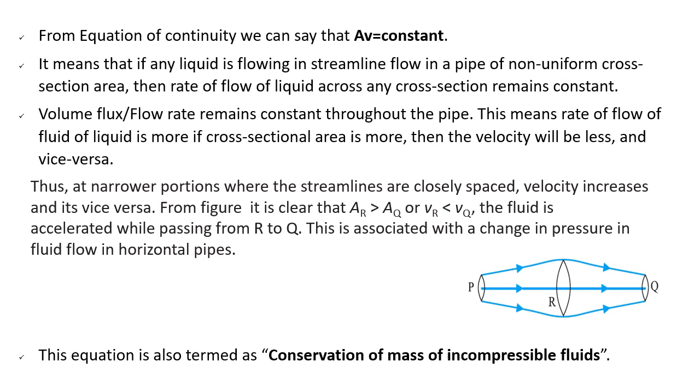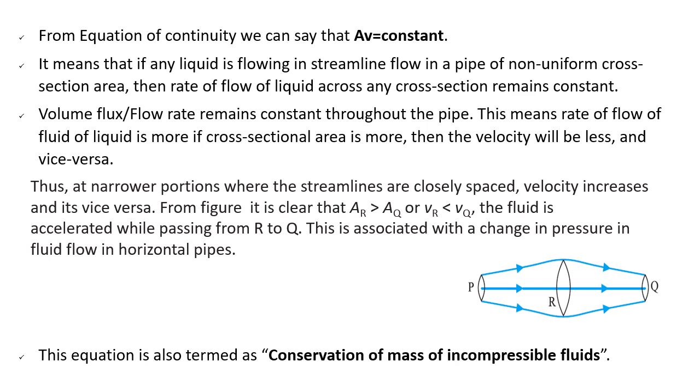From the equation of continuity, we can say that AV is equal to constant. That means if any liquid is flowing in streamline flow in a pipe of non-uniform cross-sectional area, then the rate of flow of liquid across any cross-section will remain constant. Means volume flux or flow rate remains constant throughout the pipe.